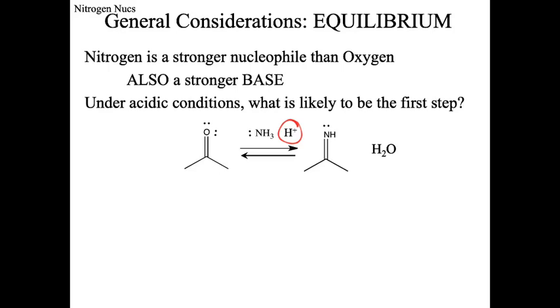The nitrogen. As soon as we add an acid catalyst, what does it do? It stops being a nucleophile. It kills the nucleophile right out of the gate. Okay, yay, nitrogens. Does it still work? Yes. It works even though we kill some of the nucleophile.